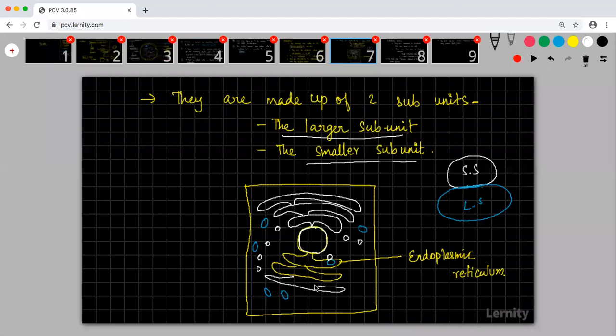There is some endoplasmic reticulum which is associated with ribosomes. Let me say that this is the ribosomes. Throughout the endoplasmic reticulum, there will be many ribosomes attached. And then it is going to be producing what? Proteins.